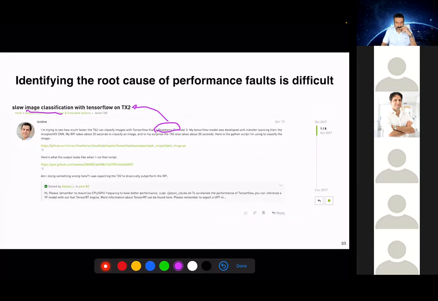And again, they expected to see some performance boost, and this is totally about the expectation, right? If you look at this conversation, the user, this guy, expected to see a really better performance, and was surprised why it took the same time for doing this inference.